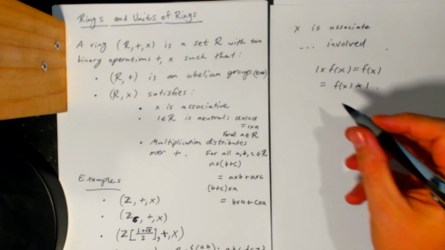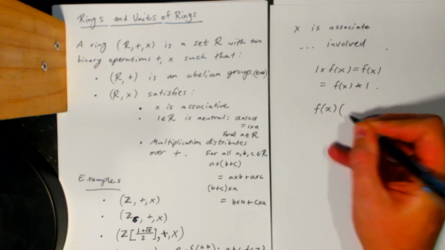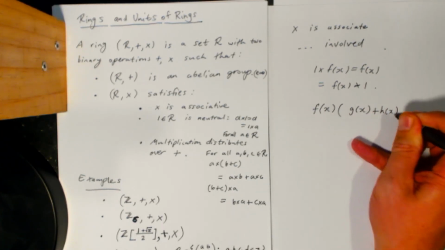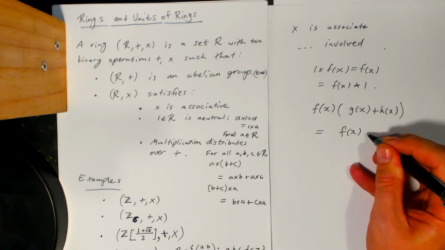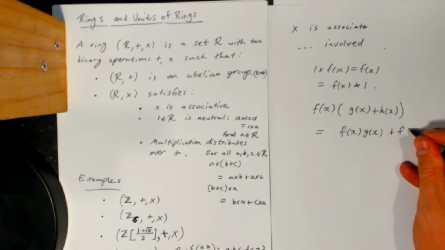Multiplication distributes over addition. So f of x times the quantity g of x plus h of x is equal to f of x times g of x plus f of x times h of x.